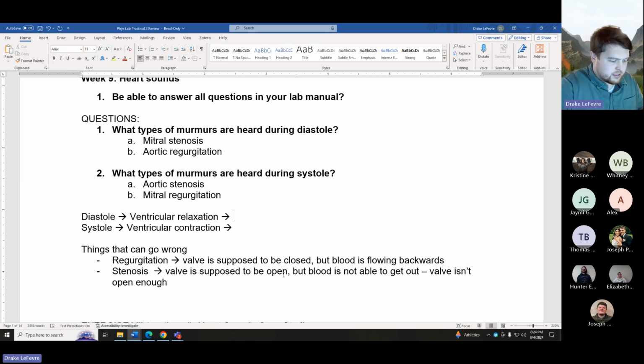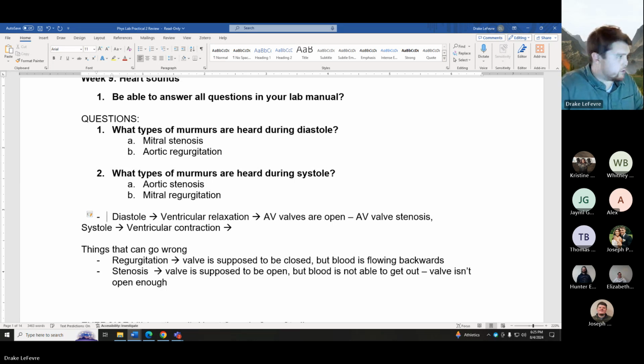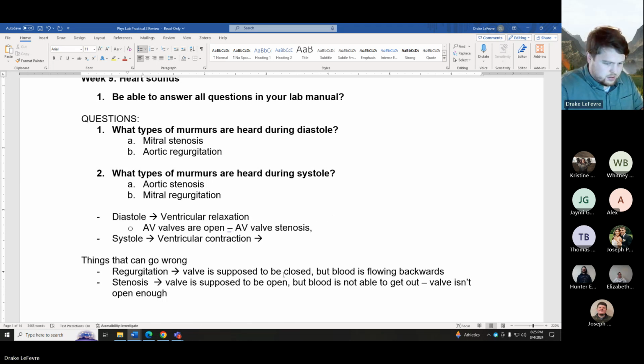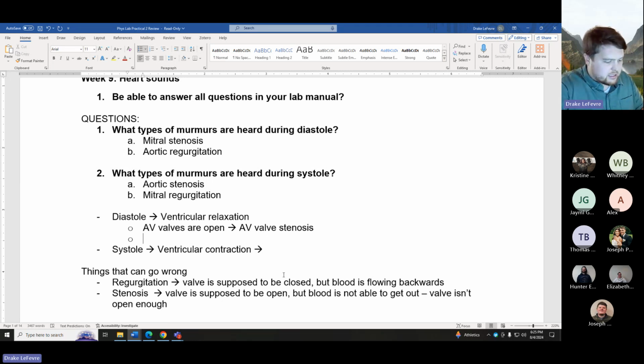So during ventricular relaxation, the ventricles are relaxing and our AV valves are open. So during diastole, we can have any type of AV valve stenosis. Relaxation, AV valves are open, so AV valve stenosis. And the semilunar valves are supposed to be closed, so that would give us semilunar valve regurgitation.